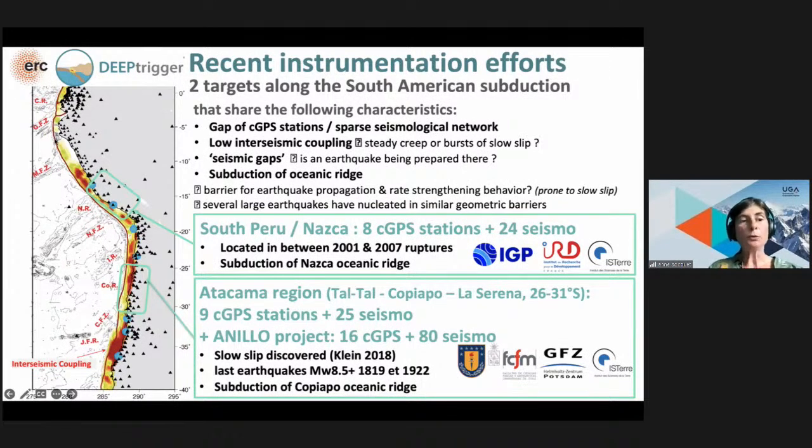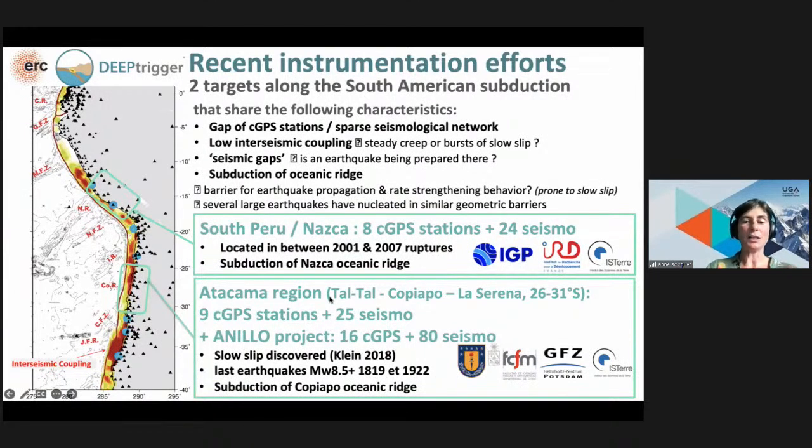I was lucky to obtain a research grant from the European Research Council, so it was a unique opportunity to deploy a big instrumentation effort. And we did so in South Peru and here in the Atacama area, together with Marcos Moreno, Francisco Ortega and colleagues.